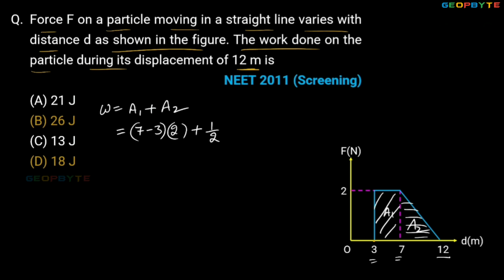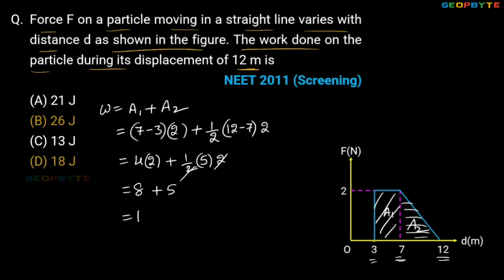Half into base, 12 minus 7, into height 2. Now simplify it. 7 minus 3, 4 into 2, plus half into 12 minus 7, 5 into 2. The 2 cancels. It is 8 plus 5, equal to 13 joules.